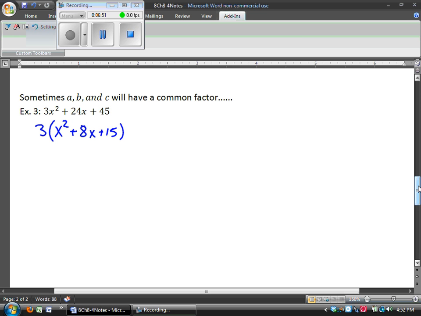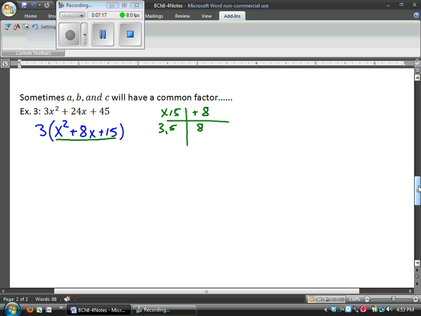Okay? Now, I see I have a trinomial here where a is equal to 1. So that means I can go ahead and find what multiplies to 15 and what adds to 8. Okay? And we think about that, we could get 3 times 5. 3 times 5 is 15. 3 plus 5 is 8.